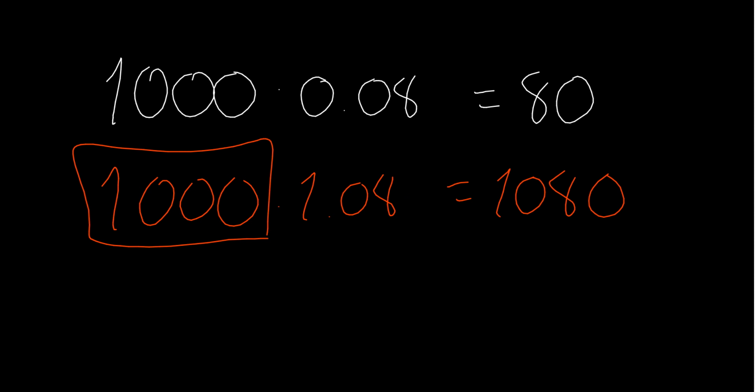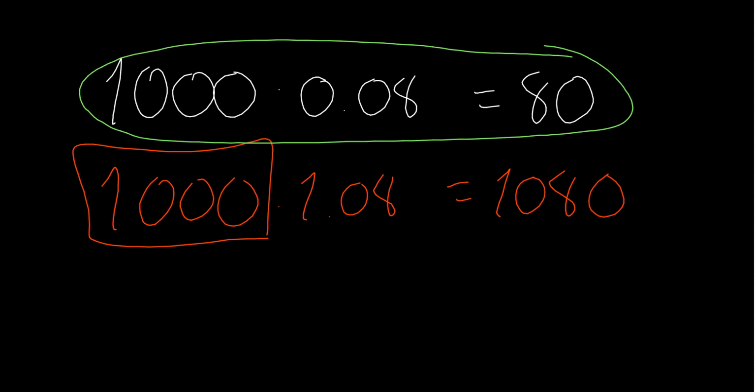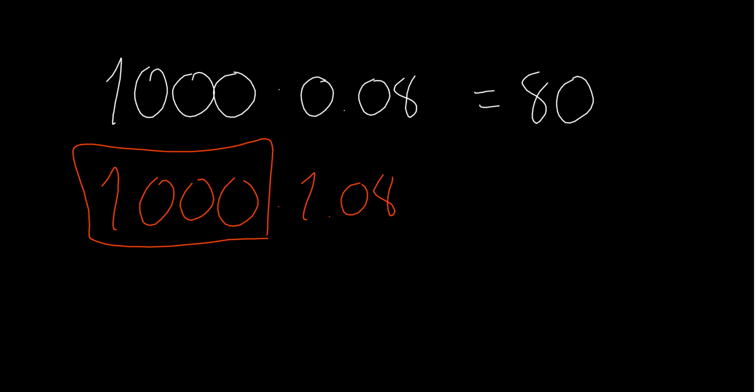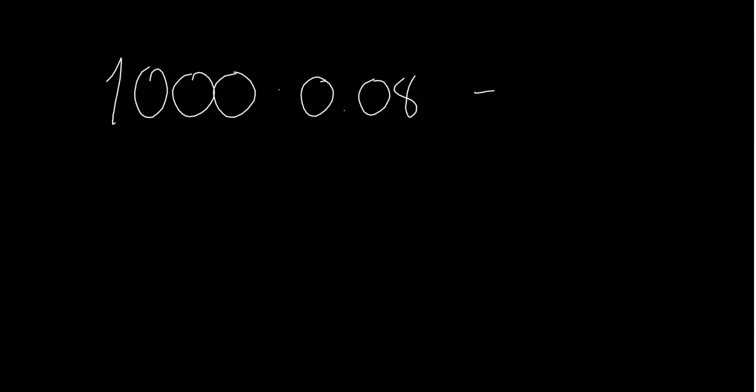It's a lot faster than looking at 8% interest on $1,000 and doing 80 plus 1,000, which is just an extra step. You can just put 1.08 for 8%, and you're good to go. We've seen this in our formulas already, and I'm pretty sure it's in this annuity section right at the beginning.